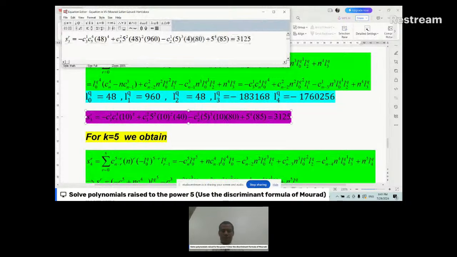Yes, it is 48, of course, because L2 is 48 and L3, learners, is equal to this one, negative 183,168. Okay. Now I will use my calculator and I should find the value of this.